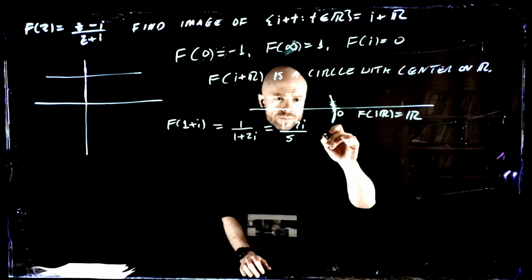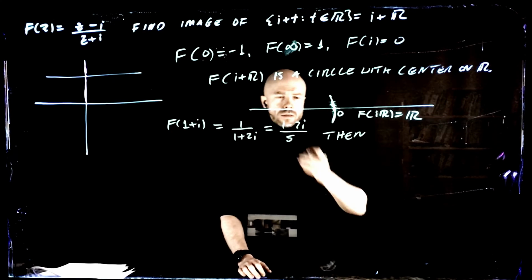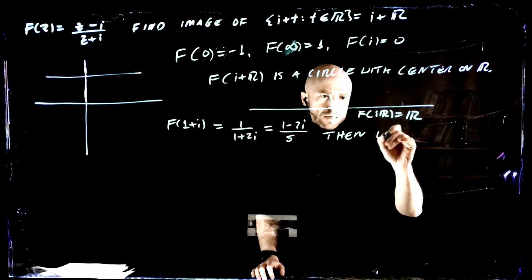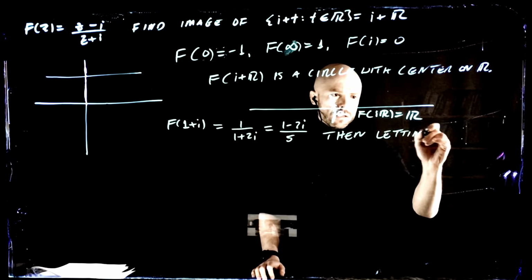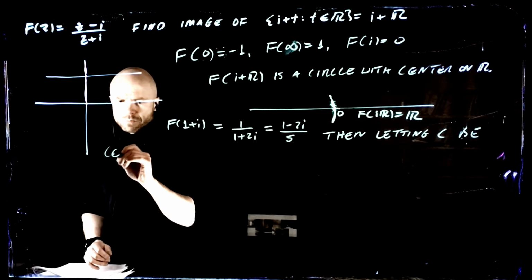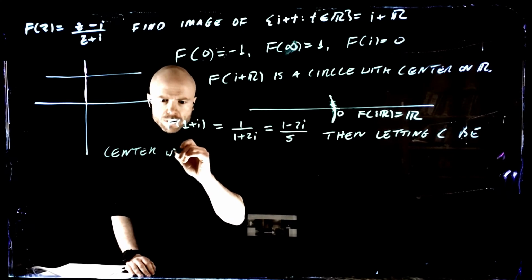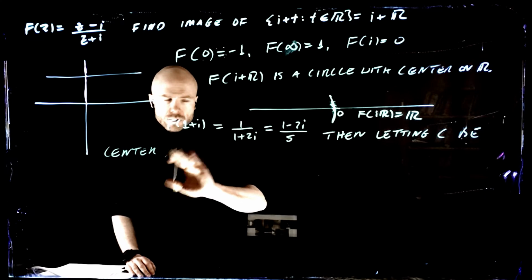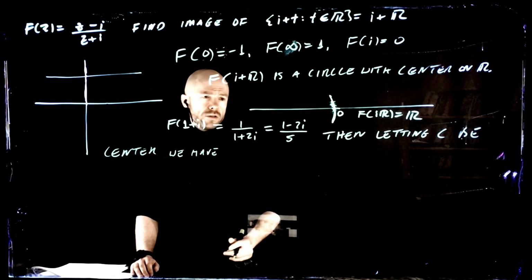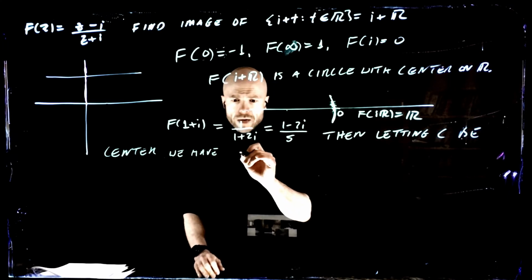So then we have that, letting c be the center of the circle, the distance of c to 0 is just c squared, right?